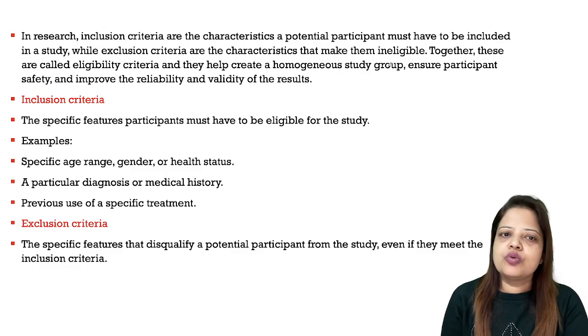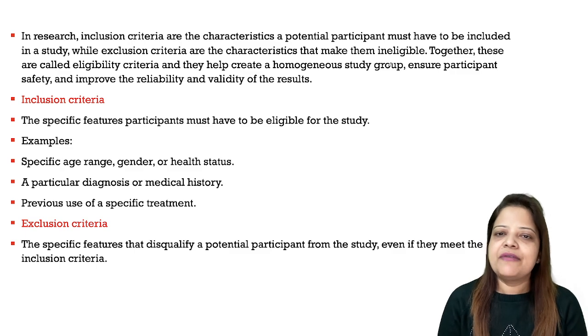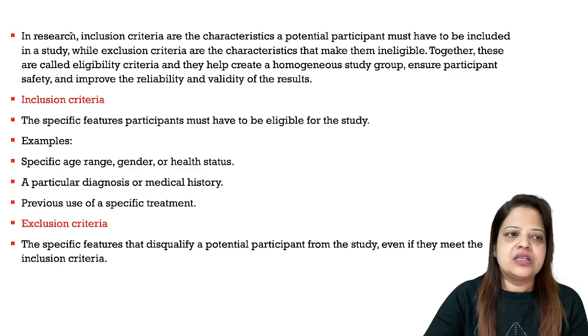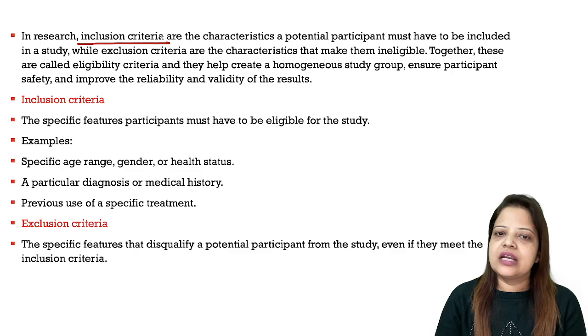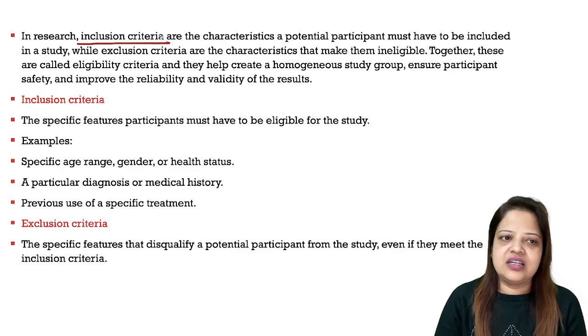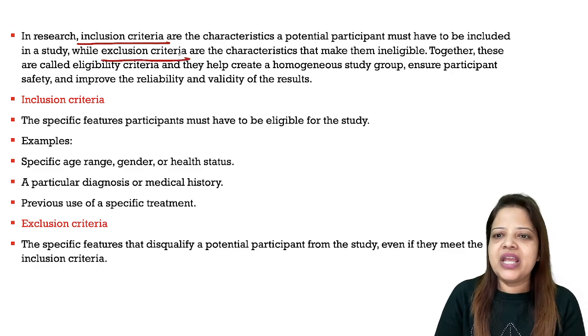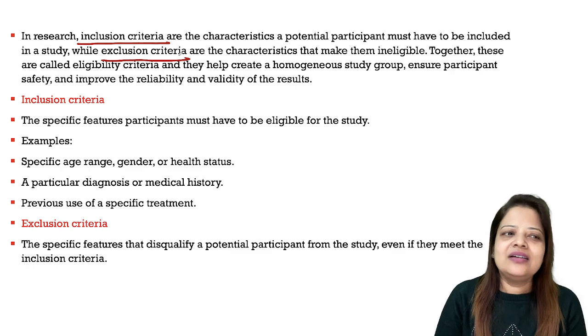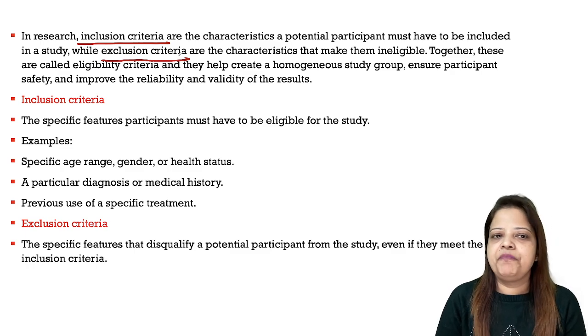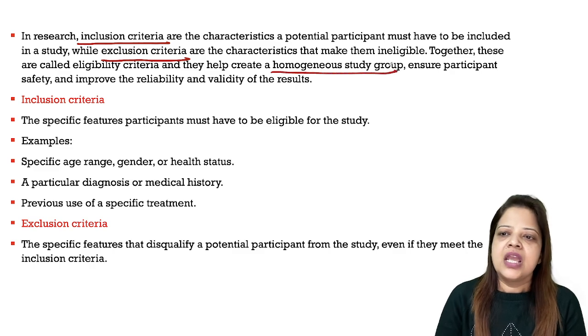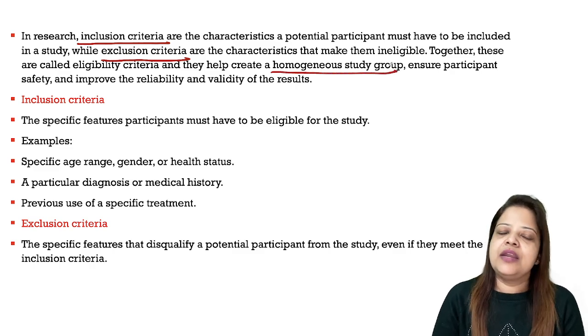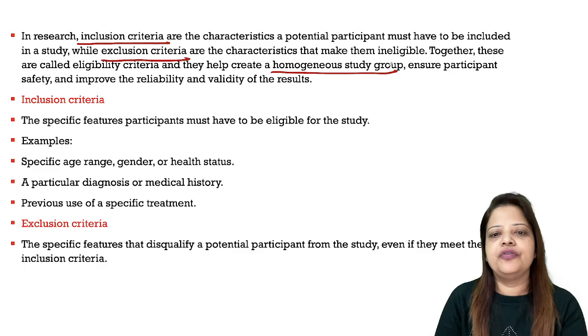So, in research, inclusion criteria are the characteristics a potential participant must have to be included in a study, while exclusion criteria are the characteristics that make them ineligible. Together, these are called eligibility criteria, and they help create a homogeneous study group, ensure participants' safety, and improve the reliability and validity of the result.